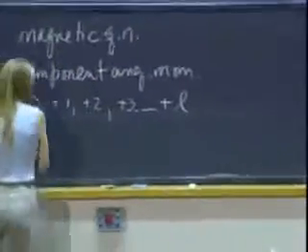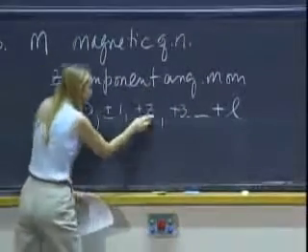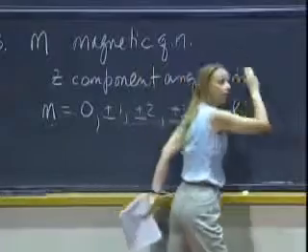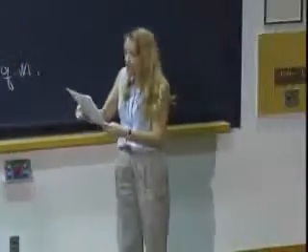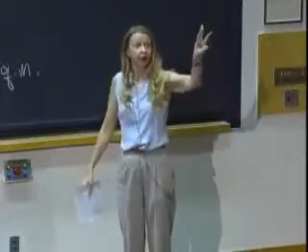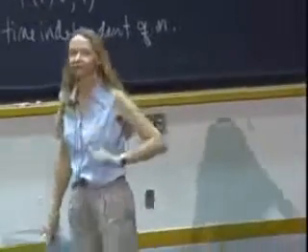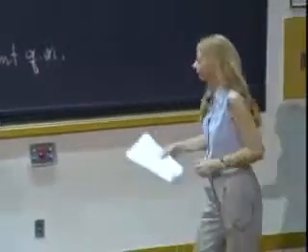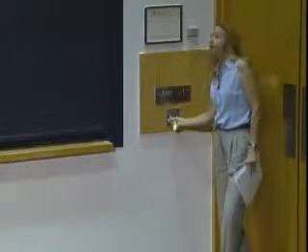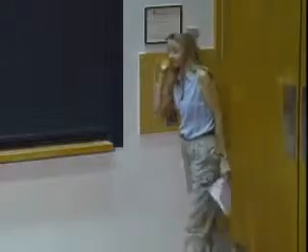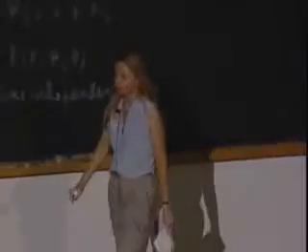And so m could also be minus 1, minus 2, minus 3, down to minus L. Okay? So we've got 3 quantum numbers now. That makes sense because we've got a 3-dimensional problem, so we're going to have 3 quantum numbers to completely describe our system. The consequence of having these 3 quantum numbers is that we now have more states.